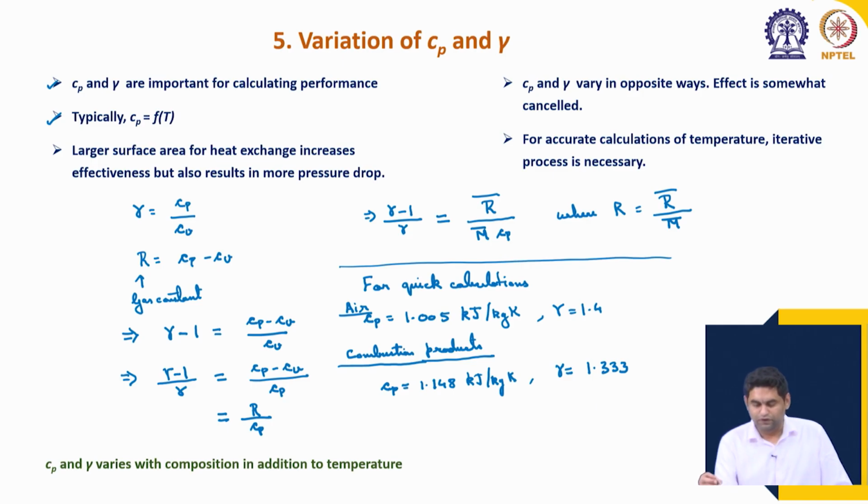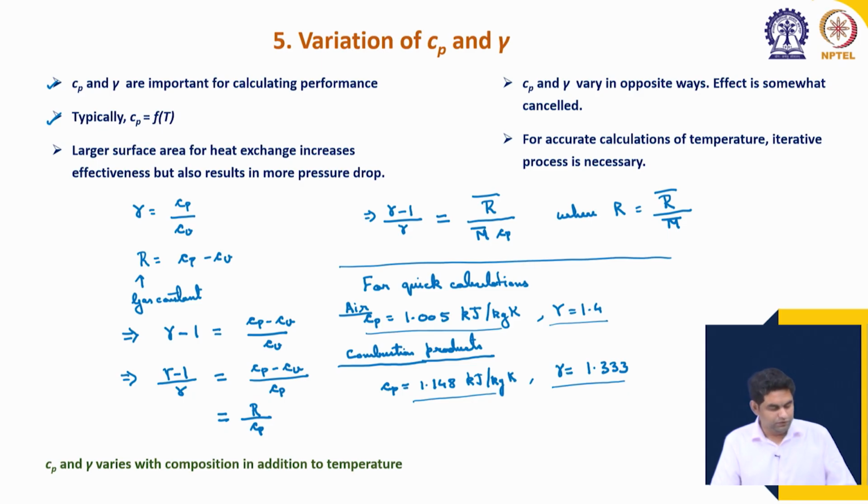So, this 1.3 is valid for the turbine. For the turbine or the expansion process where we have combustion products, we will take Cp 1.148 and gamma 1.333, whereas for the compressor and air side calculation we will take 1.005 and 1.4 as gamma.